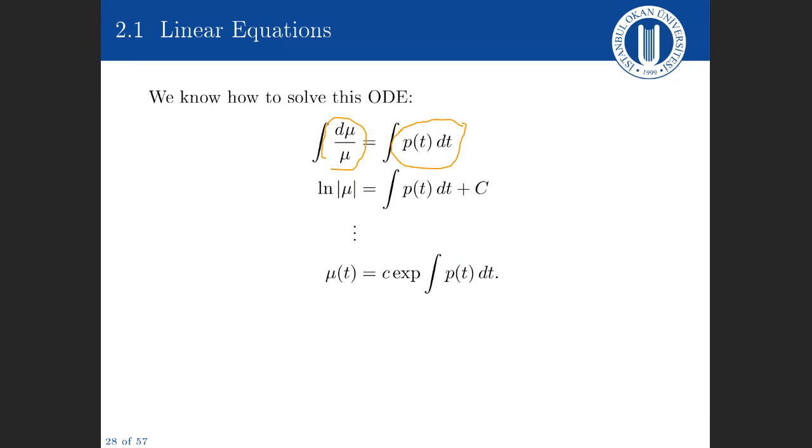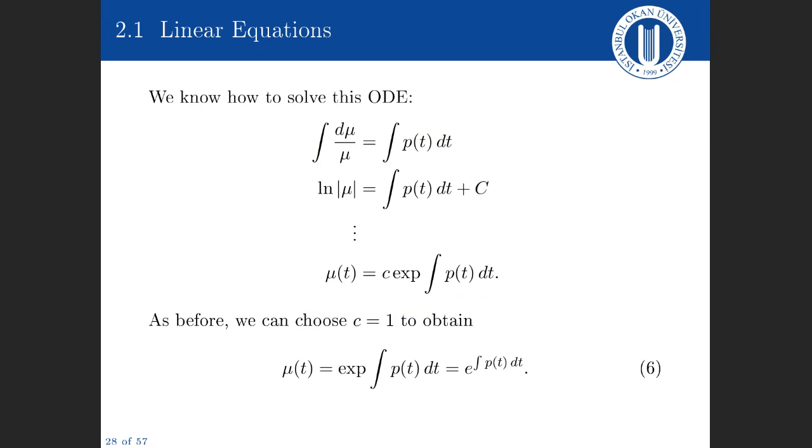Integrate, rearrange, and what we find is c multiplied by the exponential function of the integral of p. As before, we can choose any non-zero value of c that we want. I like easy numbers, so I'm going to choose c equal to 1. The integrating factor that we want is not e to the power p t, it's e to the power integral of p t.